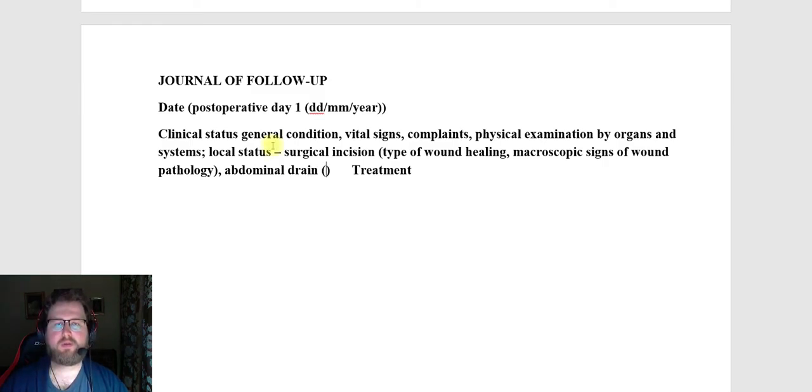Here you describe the amount of effusion, usually in milliliters daily, and also you have to mention macroscopic signs of pathology.